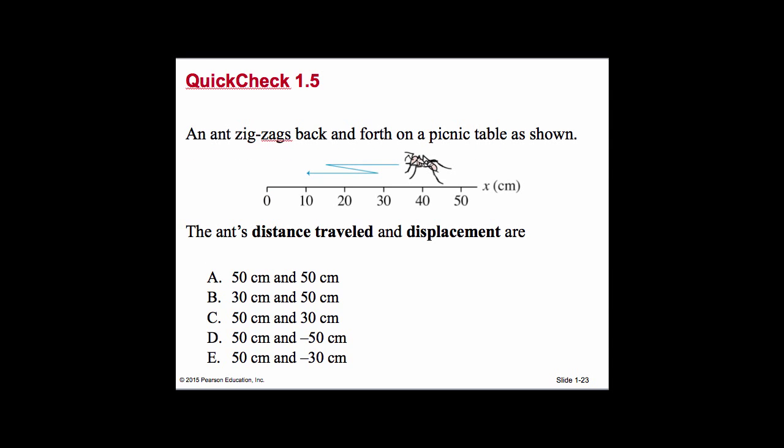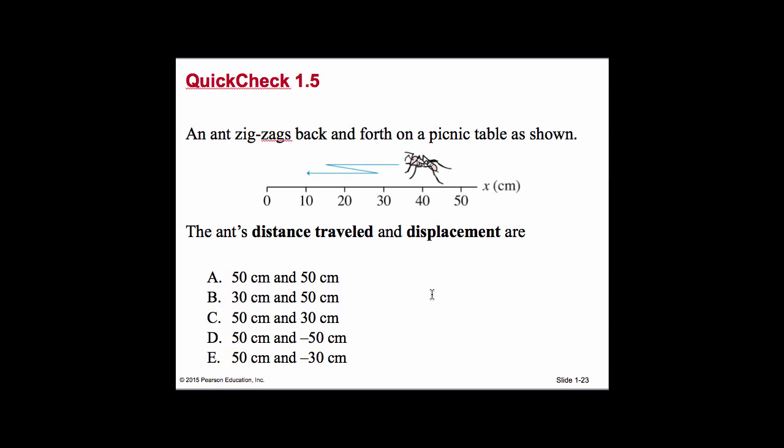Next question is, an ant zigzags back and forth on a picnic table as shown. Find the ant's distance traveled and the displacement. Now remember, displacement and distance are two separate things. The distance traveled is the distance the ant travels here, forward, back, and forward again, that total distance traveled. Where the displacement is simply from where the ant started to where the ant ended.